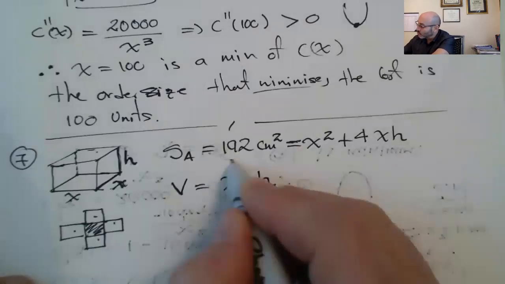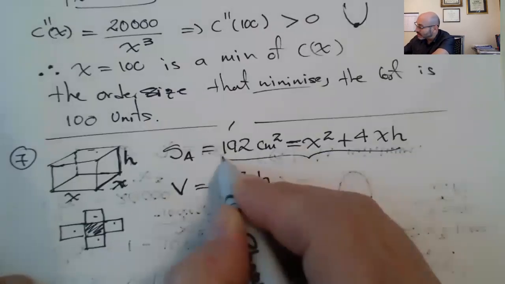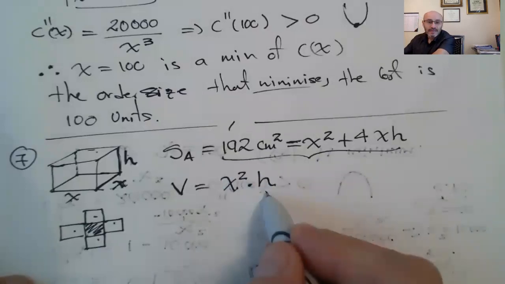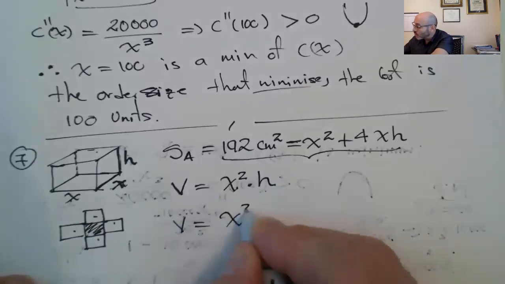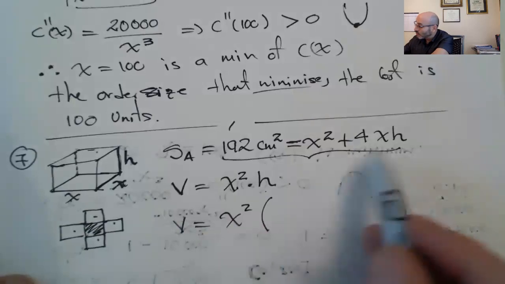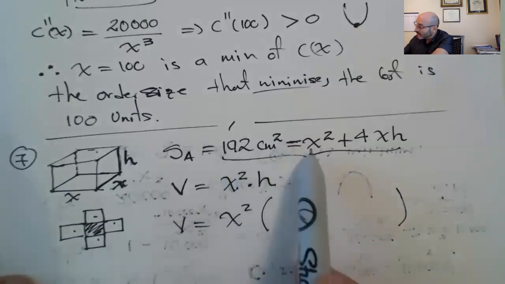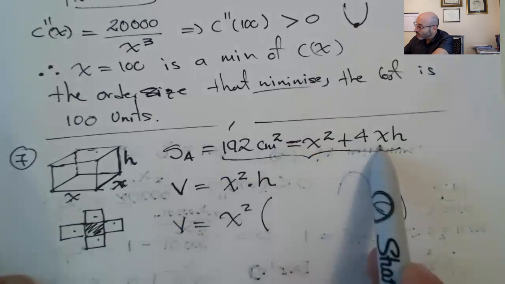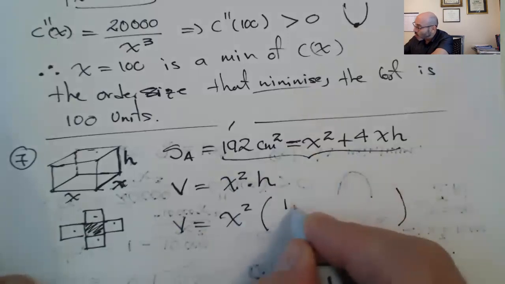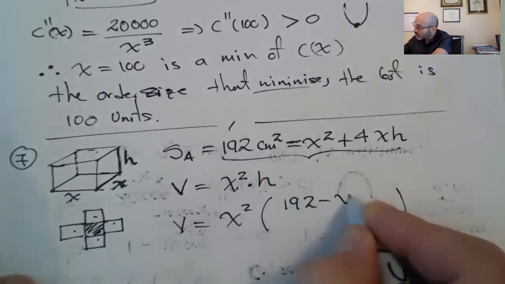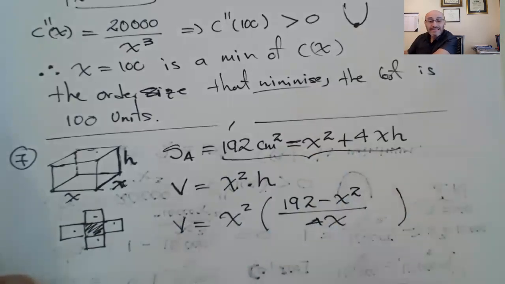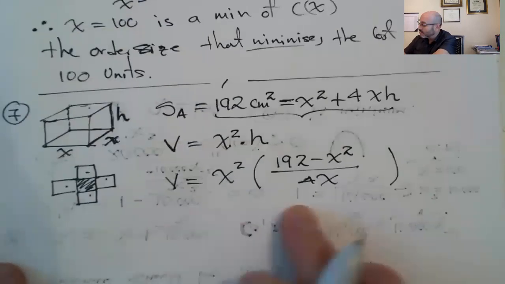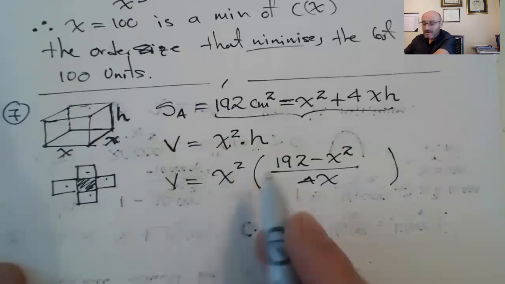That I'm going to solve for h here, and replace it in this formula. So the volume is going to be x squared times, let's solve for h. We subtract x squared and we divide by 4x. So h is 192 minus x squared over 4x.